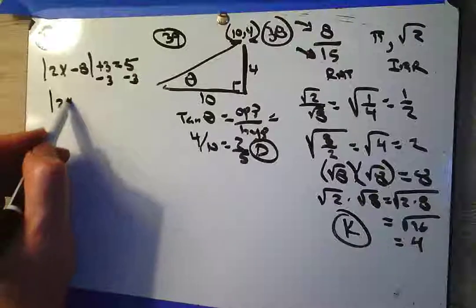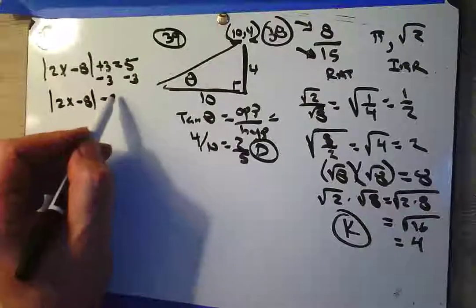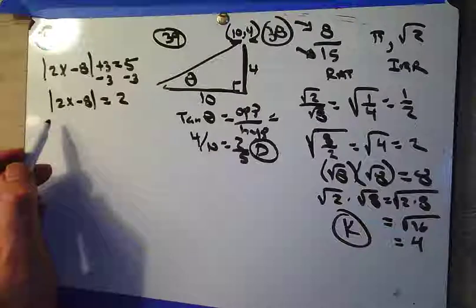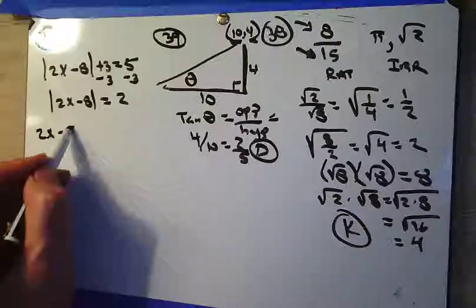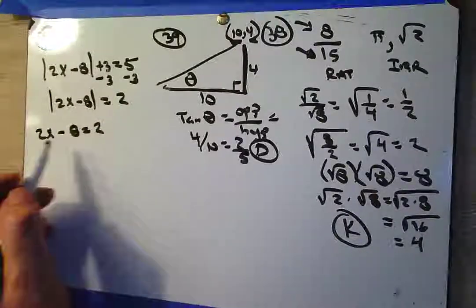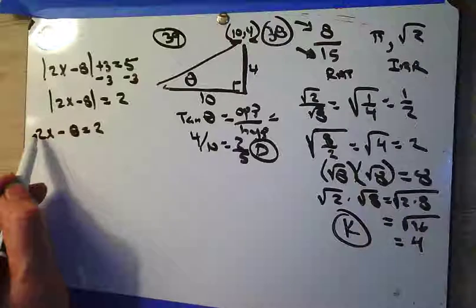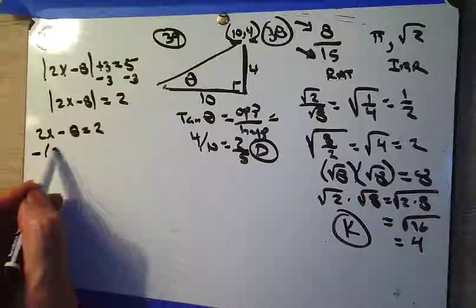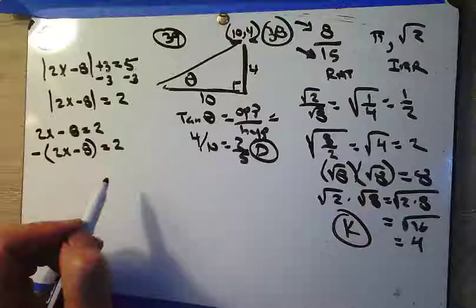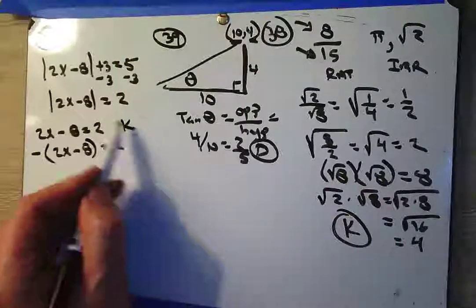So we'll have 2x minus 8 equals 2. And when we write the positive component, I'm going to have 2x minus 8 equals 2. And when I write the negative component, I need to change both the signs over here. So I'm going to change the signs on 2x minus 8 equals 2. And I see this is choice K.